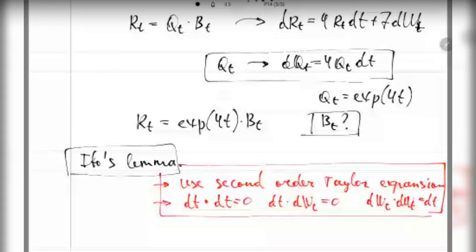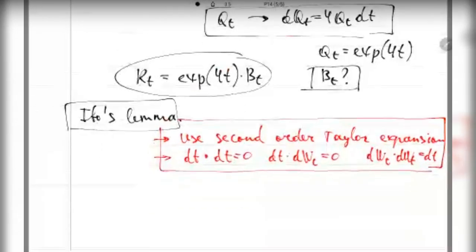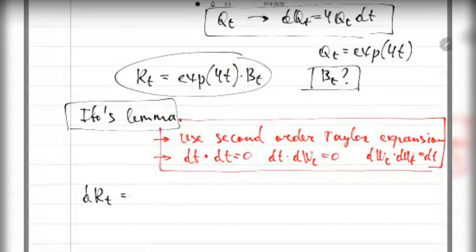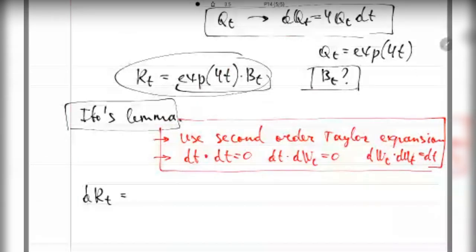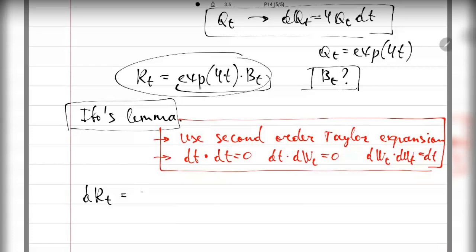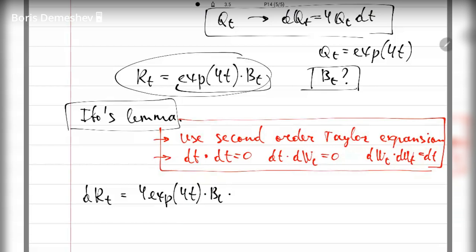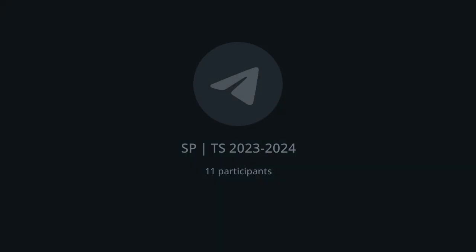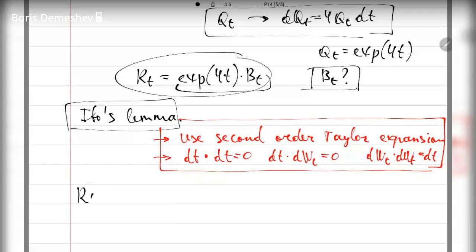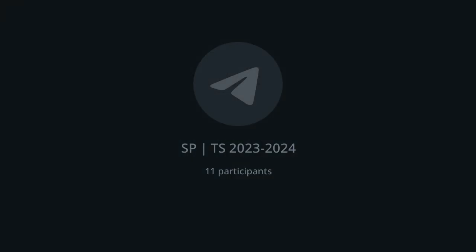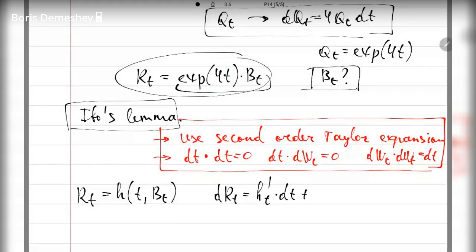So let's apply Itô's lemma to calculate dRt. What is dRt? First order Taylor expansion. Let me write in abstract letters first and then in general. My Rt is just a function h of t and Bt. So dRt is h prime with respect to t times dt plus h prime with respect to b times dBt.